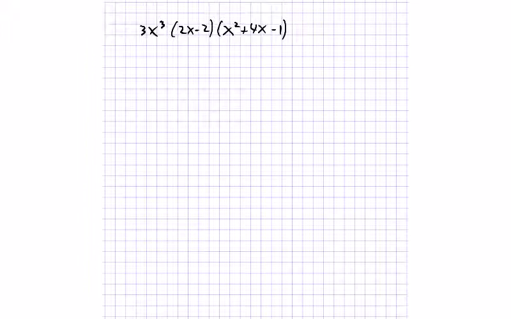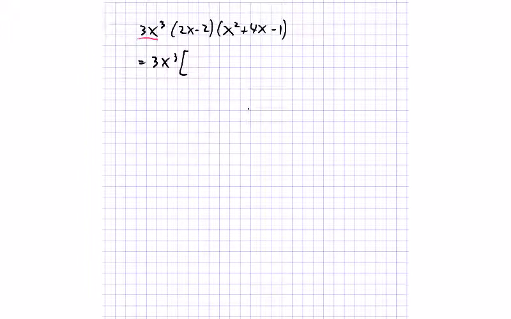Now you have a couple of options when you go to work this out, but I think the best thing to do is start with the harder part of the multiplication and save the easy part for the end. So in other words, let's hold off on the monomial and simply rewrite it. Now what we're going to do is work out the product of the binomial and the trinomial.